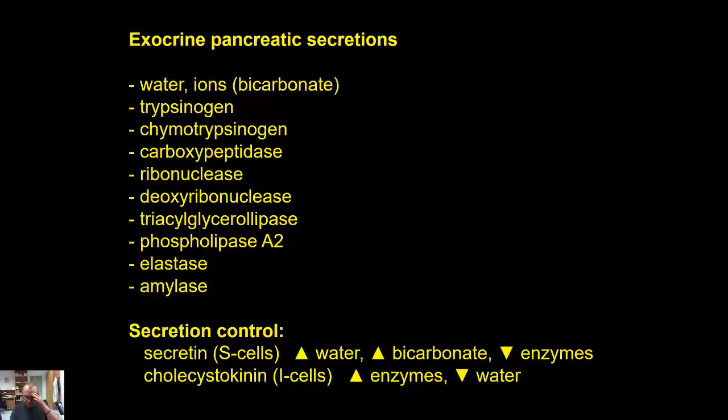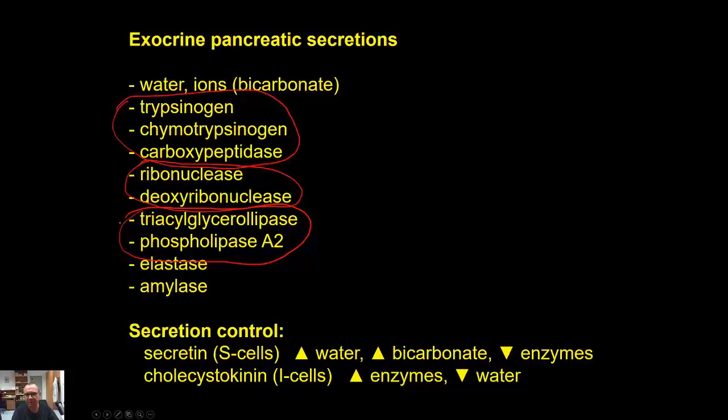Here is a picture which I promised a while ago. What are the enzymes secreted by pancreatic acinar cells? You can see that there are very many. Trypsinogen, chymotrypsinogen, carboxypeptidase: all these three enzymes digest proteins and peptides. Ribonuclease and deoxyribonuclease digest nucleic acids. Triacylglycerol lipase or phospholipase digest lipids.